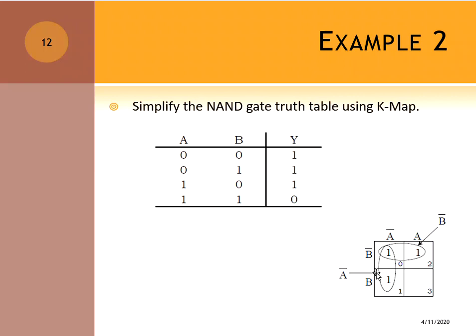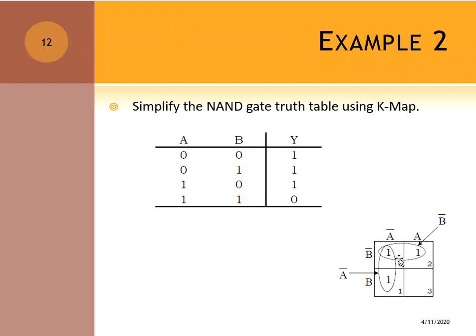A bar, B, 0, 1, 1. And also A is 1, B is 0, A, B bar, also 1. This one, A is 1, B is 1, output 0, no need to plot.